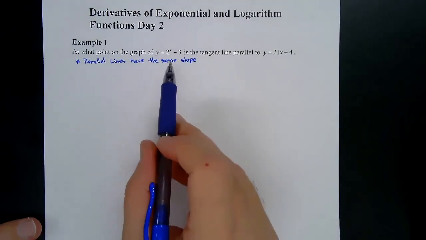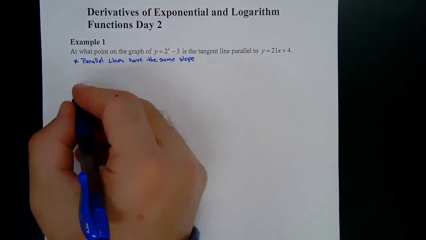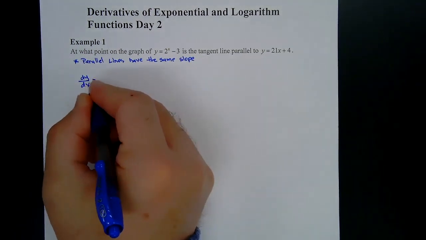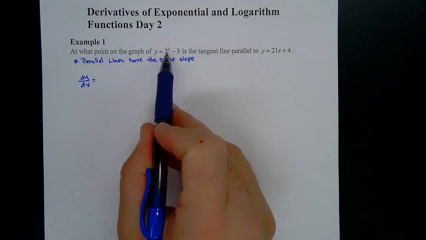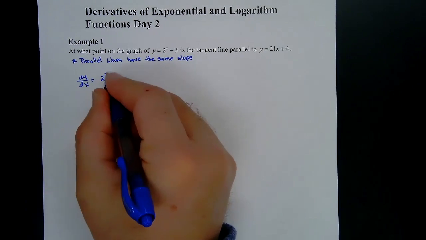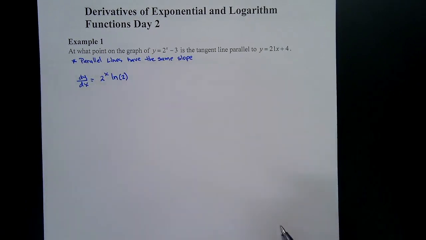All right, so we want to find dy over dx. And so we want to take the derivative of this. Well, the derivative of 2 to the x is 2 to the x, remember, times the natural log of 2.